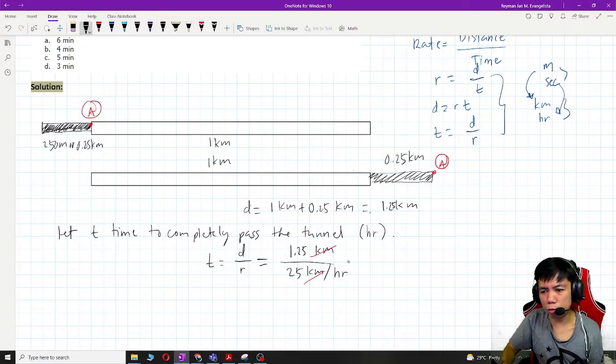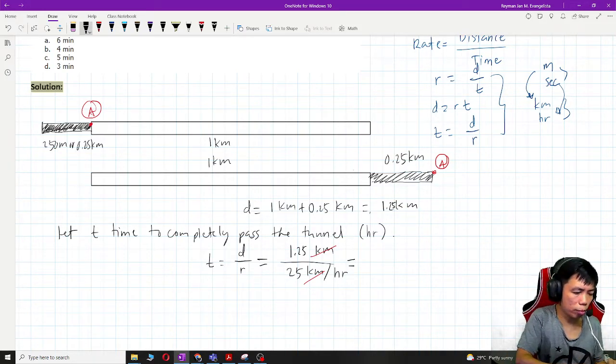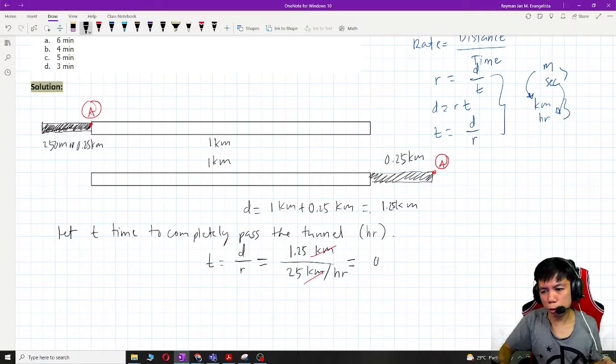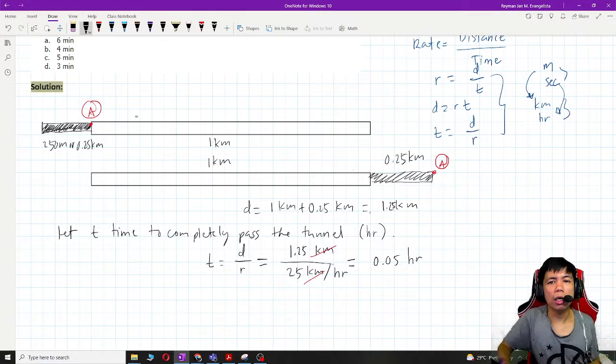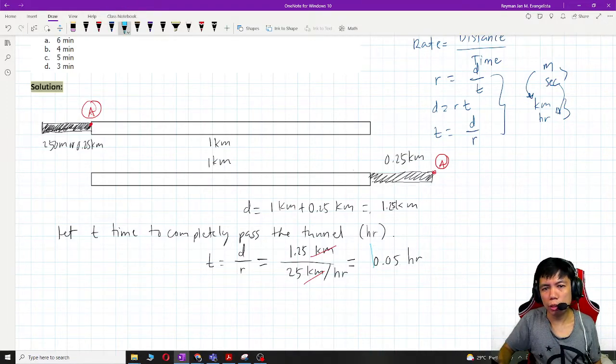Okay? So, equal to, ano yung 1.25 divided ng 25? Okay, so that is 1 over 20 or 0.05 hour. Okay, sa choices, ang mga units na given is naka-minute.